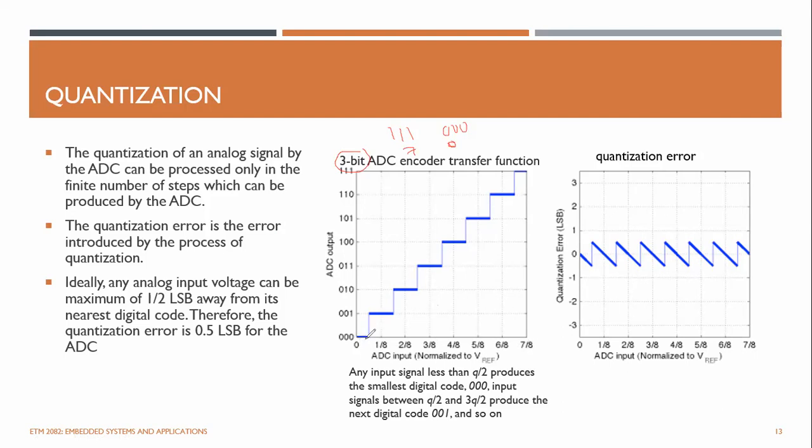From any voltage level, from 0 to 1/8, you can only have these levels, because this is a binary representation.